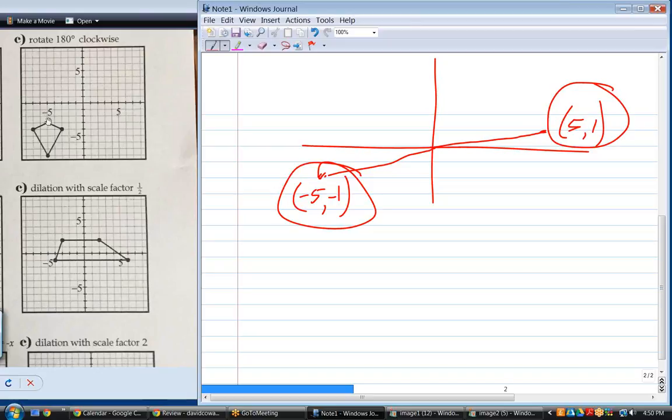So this point is going to go to what? Instead of -5, -3, it's going to go to 5, 3. How about this point down here, which is -5, -8? It just goes to 5, 8. All right, you got that rule down.